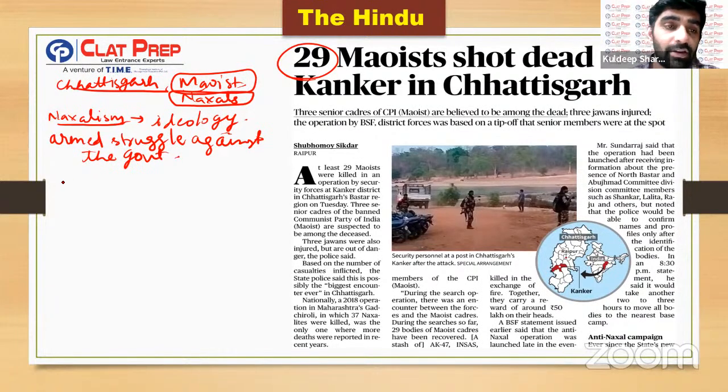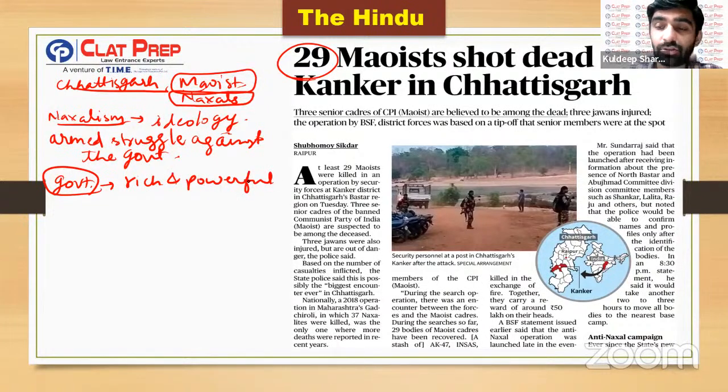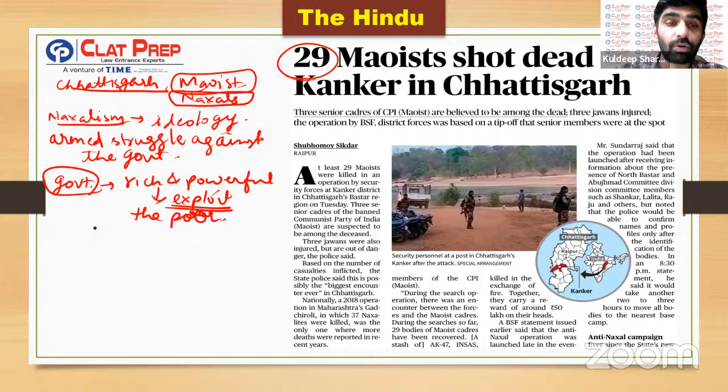It believes that the creation of a government is only a way by which rich and powerful persons exploit the poor. So their underlying belief is that the only solution to end the exploitation of the poor is to overthrow the government violently. This is the basic ideology of the Naxalism movement, or the Maoist movement of the world. Naxalism is particular to India, and Maoism is an international movement.